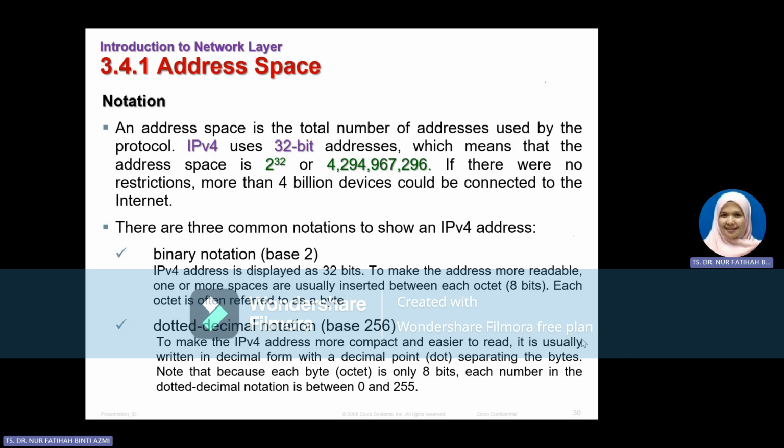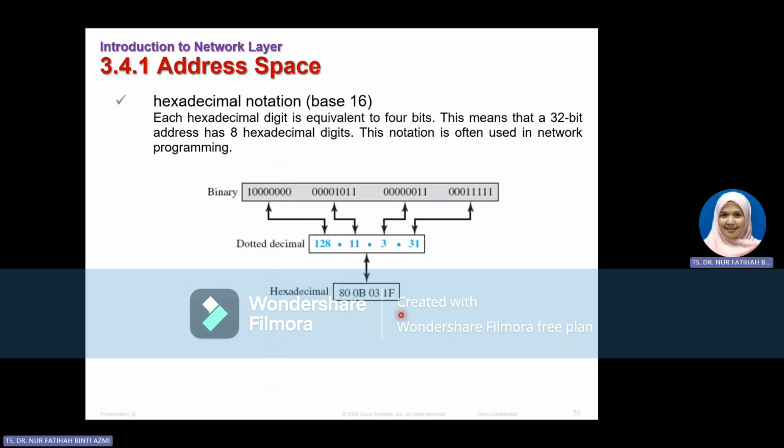For example, we have 192.168.0.1. That is an example of dotted decimal. The next one is hexadecimal, which is base 16.